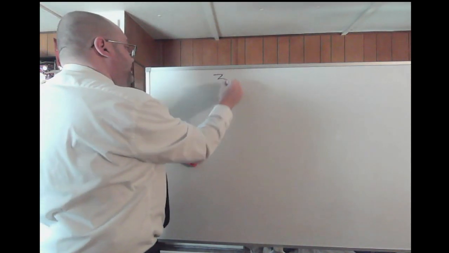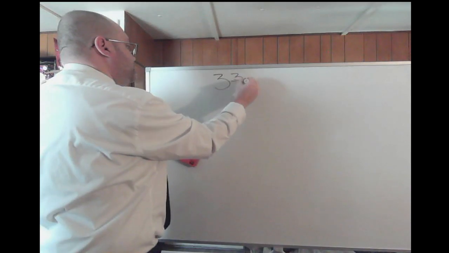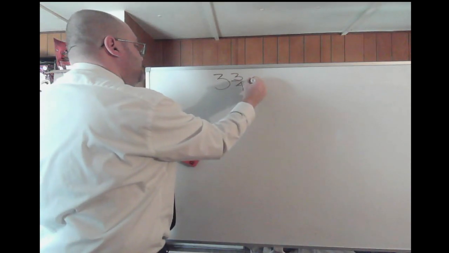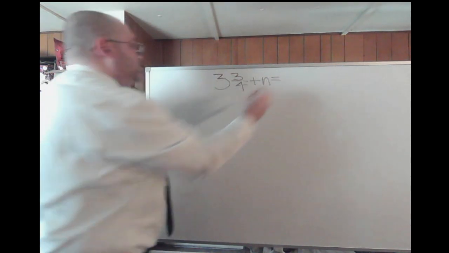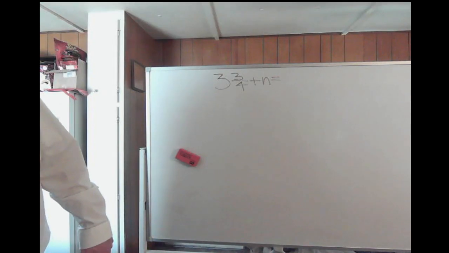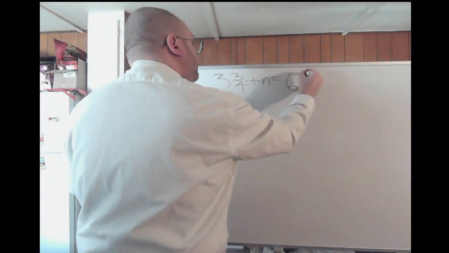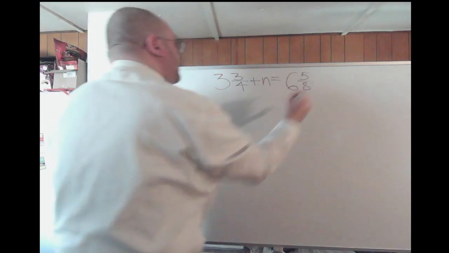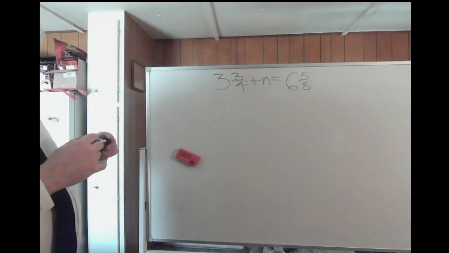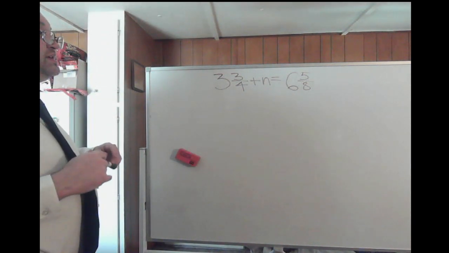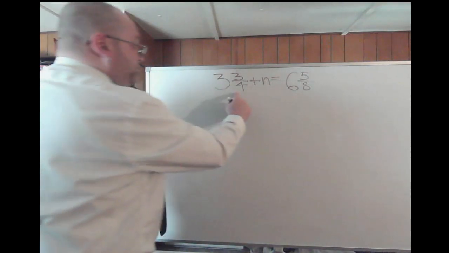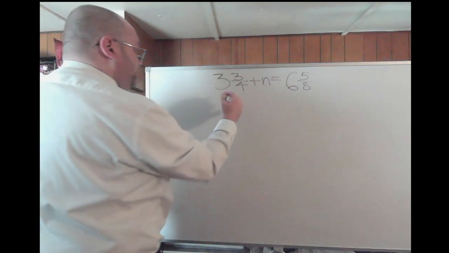So we have 3 3/4 plus n equals 6 5/8. So we got 3 3/4 plus n equals 6 5/8. Well, I would use the commutative property here and switch the n and 3 3/4 around.